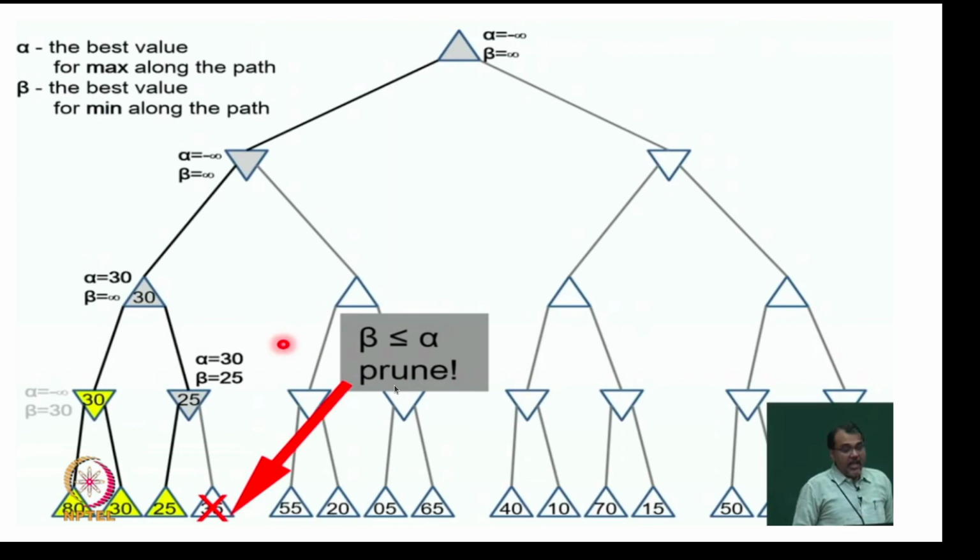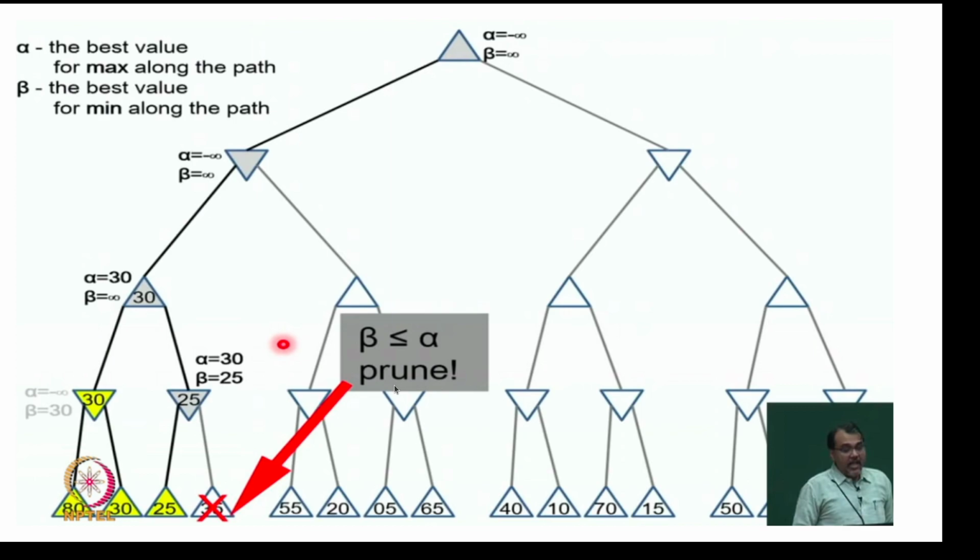You can see 80 and 30 will give the 30, right? First, now for this scenario, for the parent of this 30 node, we'll have alpha 30, right, and beta would be infinity.